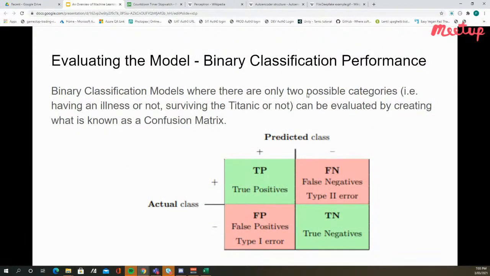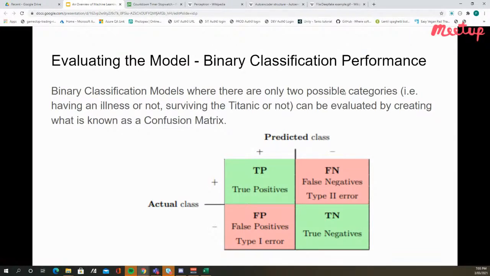Now, for binary classification, there are other tools we can use. This is where you have two possible outcomes. An example that they have on Kaggle and they get students to work on is whether a set of passengers survived the Titanic or not, or having an illness is another example.